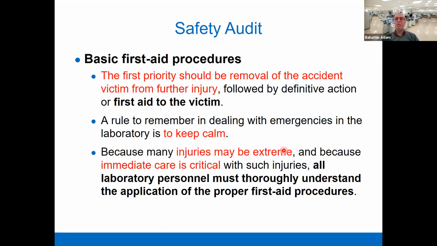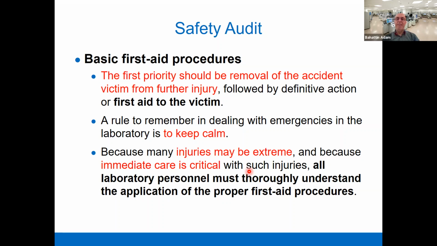Okay, the rule to remember in dealing with an emergency in the laboratory is to keep calm. Okay, this is really important because many injuries may be extreme, and because immediate care is critical in such cases, you need to keep calm.